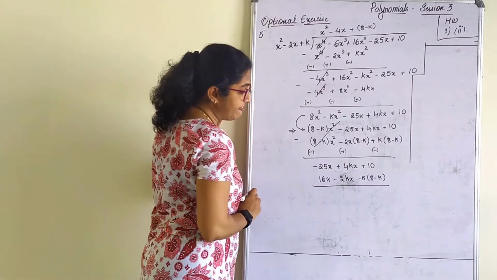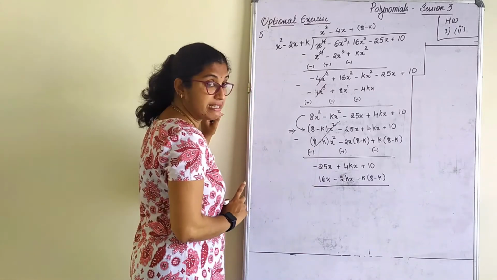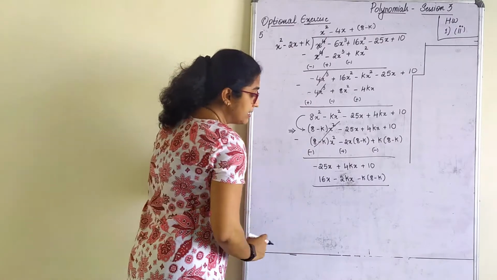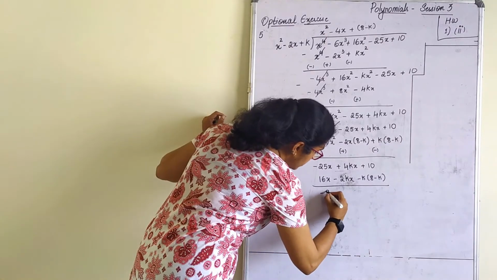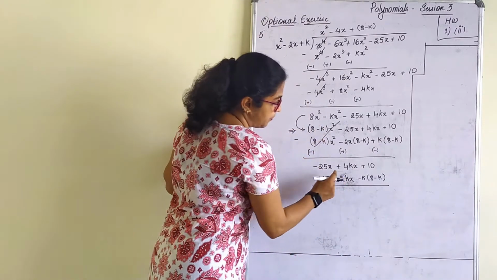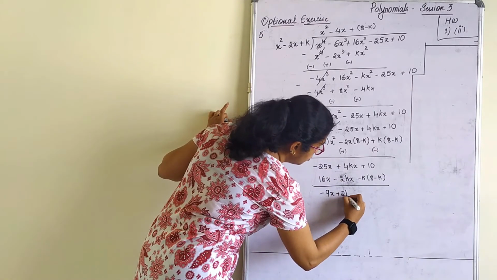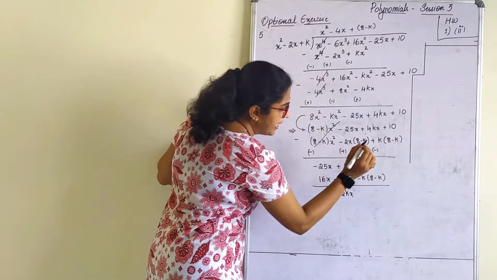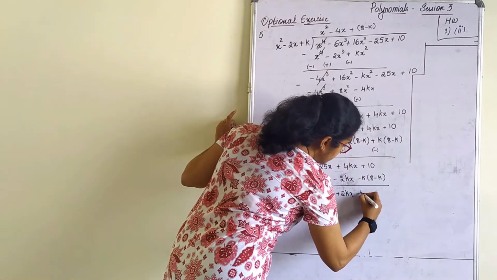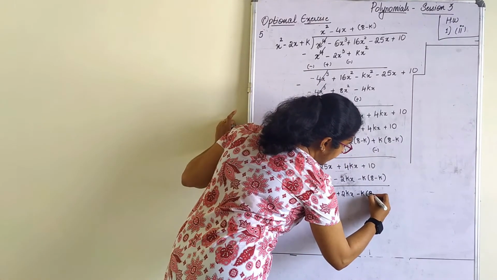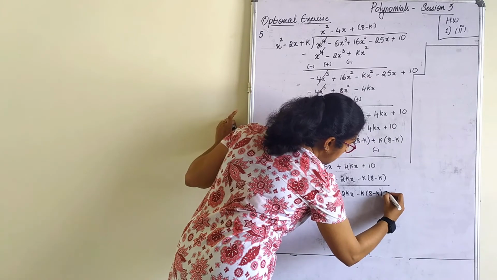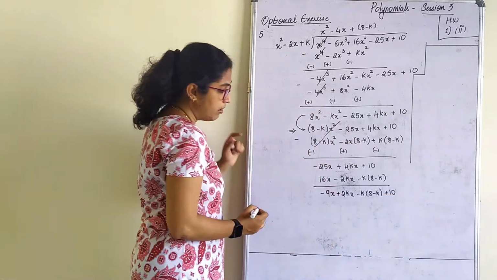Minus 25 plus 16. 25 minus 16 is 9. The greater number's sign will come, so this is minus 9x. 4 minus 2 is plus 2kx. Remaining term, let's write it as it is: minus k of 8 minus k plus 10. Now let's take common.